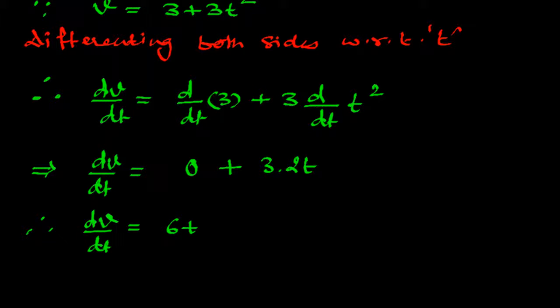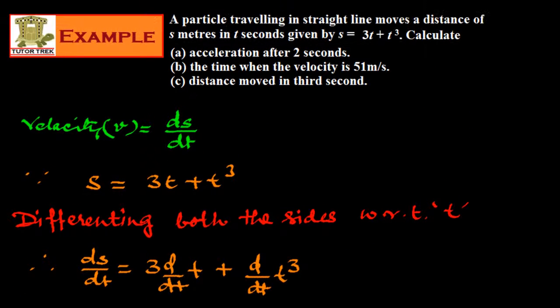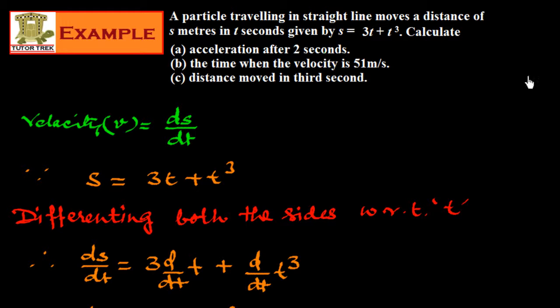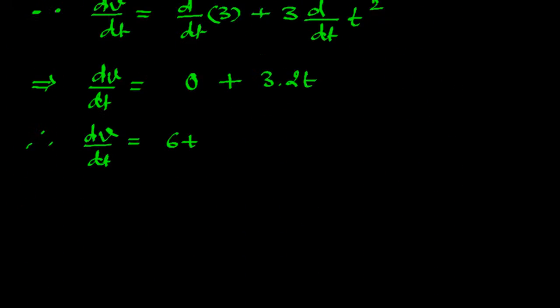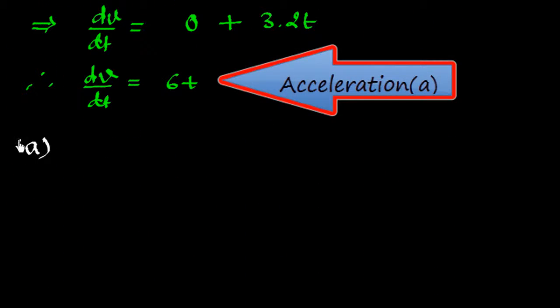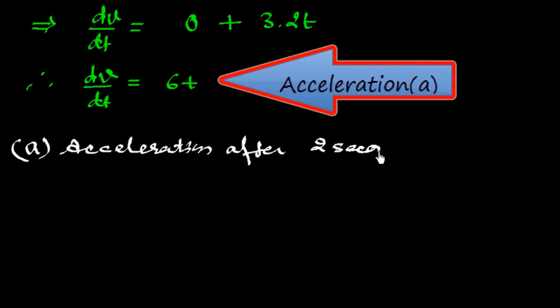Now look at part a, what we had: acceleration after 2 seconds. Now in part a we find the acceleration after 2 seconds, which is equal to 6 into 2, because instead of t we have to put 2, so we get here 12 meter per second square.